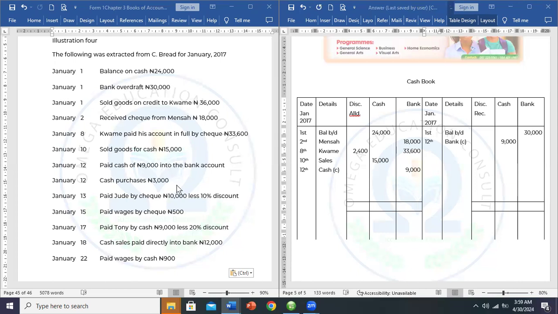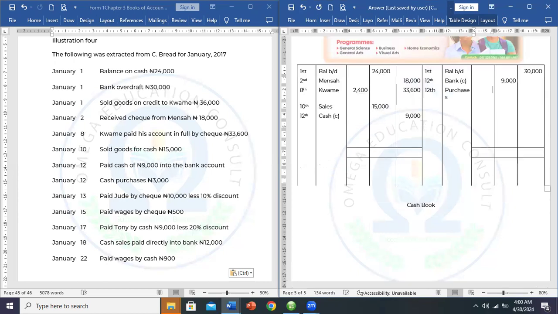So here, cash purchases, we are going to credit cash, right? We are making a credit entry in the cash account. Okay. So on the 12th, that also happened on the 12th. Purchases.